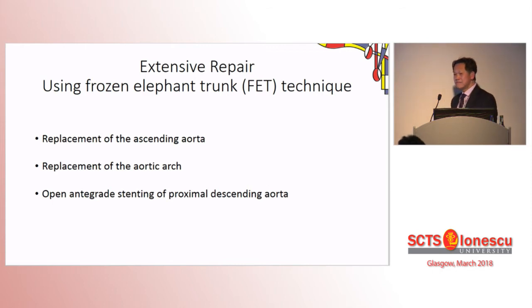And in extensive repair, what we're talking about is, irrespective of where the tear is in type A dissection, we're going to replace the whole of the ascending aorta, the arch, and then stent the descending thoracic aorta as our treatment strategy. So I'm talking about DeBakey type 1s in acute type A dissection, if we use the two terms. Not using it in patients that have dissection strictly restricted to the ascending aorta.